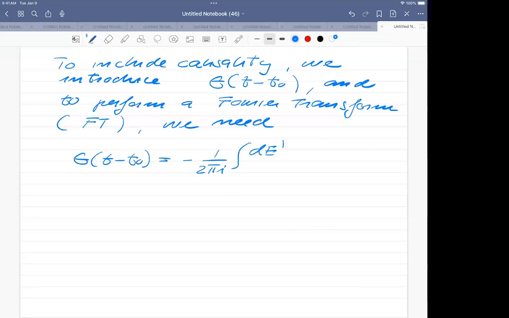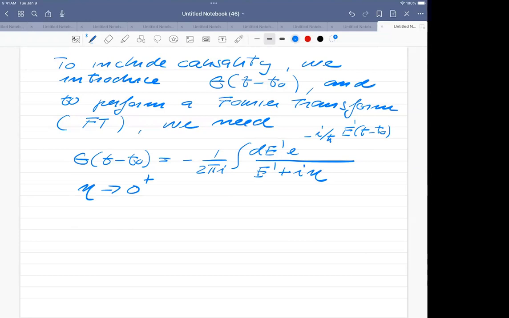And then this is going to have an e to the minus i divided by h bar. There's going to be an e prime, t minus t0, divided by e prime plus a parameter i eta. So this i eta is something which we're going to let go to 0 from the positive side. This is implied here. And for t larger than t0, then we can perform the integration of this quantity here by closing the lower half plane.